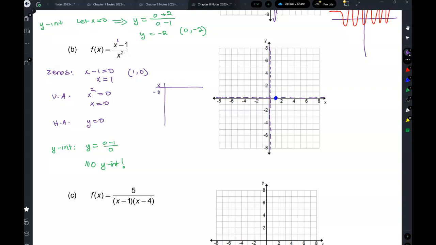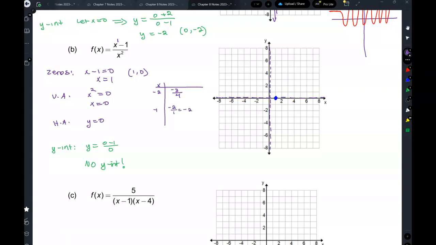I'm going to look at -2 and -1. When x equals -2, what do we get? It's -3/4. And when x equals -1, I get -2/1, which is -2.